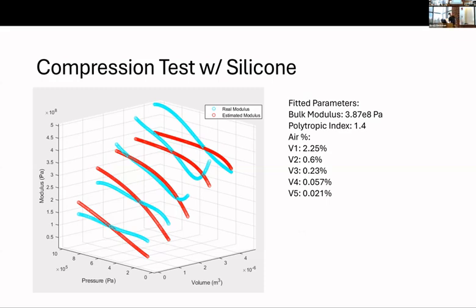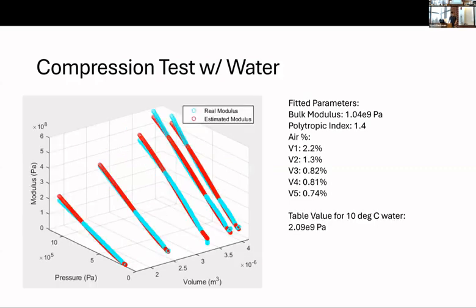And the big thing that I sort of want to point out here is that these curves for the real modulus in blue have a lot more nonlinear behavior for silicone than for water. And right now, we don't have any good explanation for that, looking at all the math.